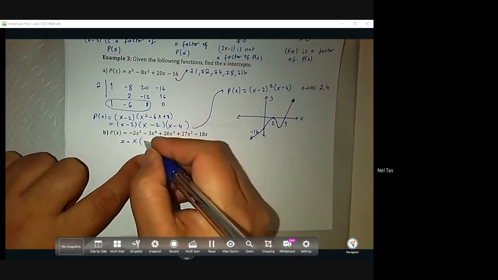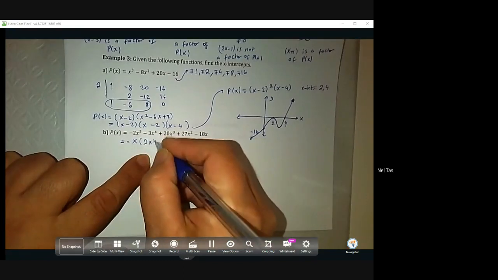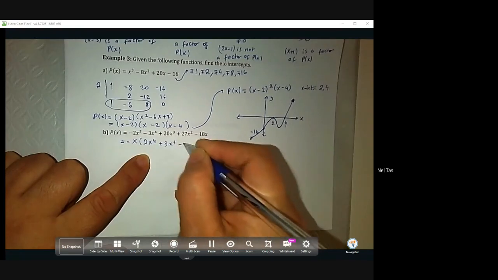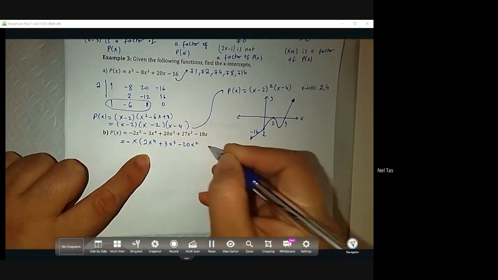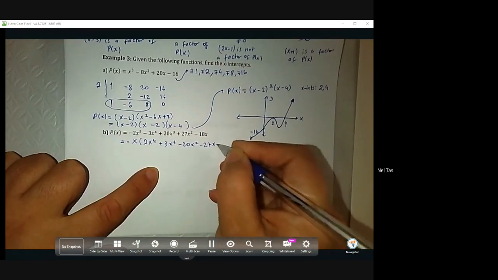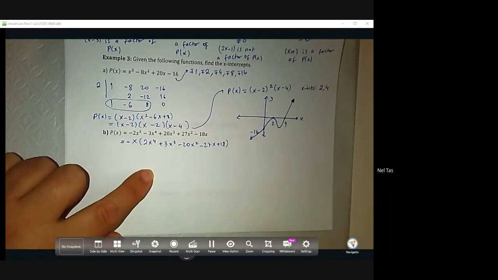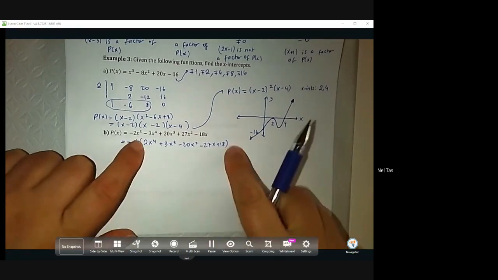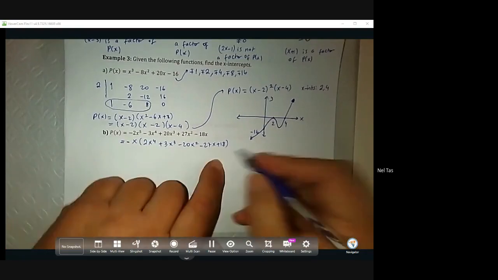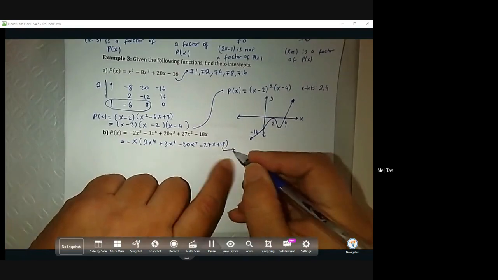That would give me 2x to the power of 4 plus 3x cubed minus 20x squared minus 27x plus 18. Now we are going to factor this part of the polynomial. We check the factors of 18.